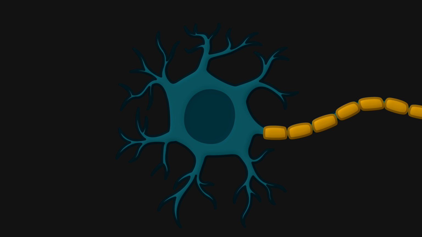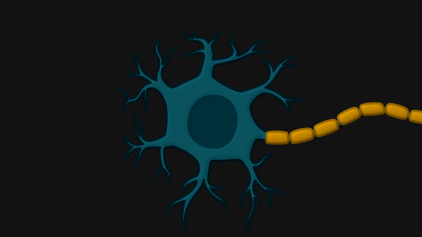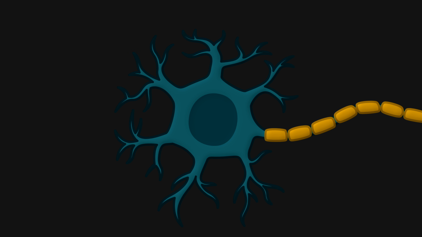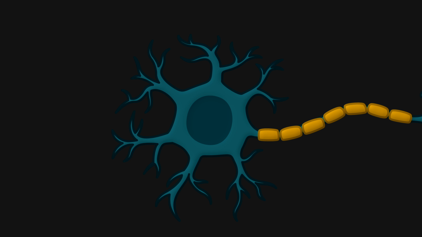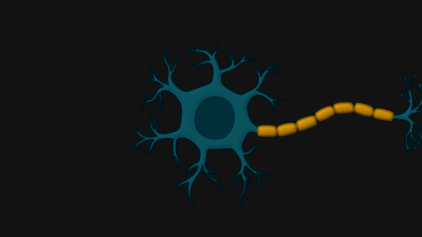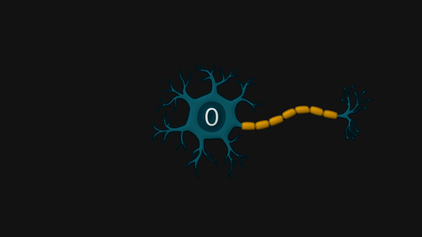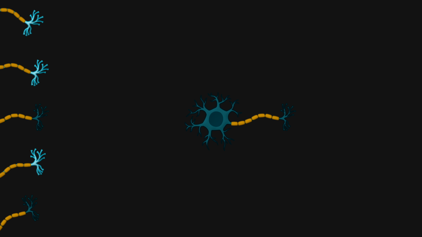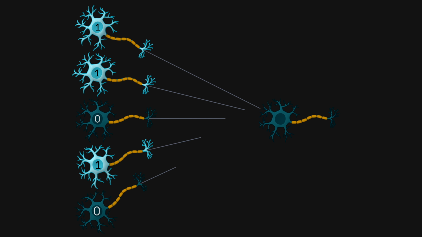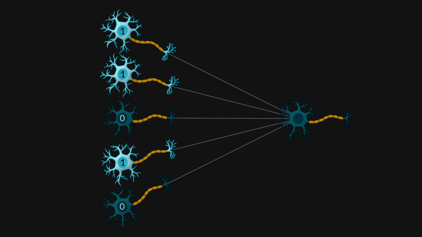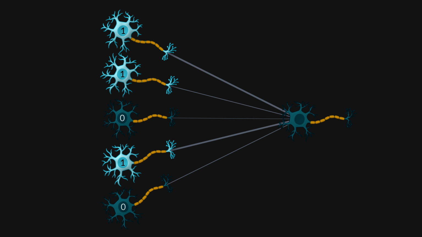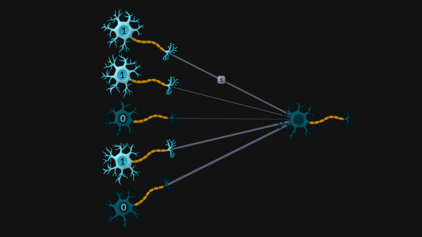So here's a basic model of how neurons in our brains work. An individual neuron can either fire or not, so its level of activation can be represented as a 1 or a 0. The input to one neuron is the output from a bunch of other neurons, but the strength of these connections between neurons varies, so each one can be given a different weight.